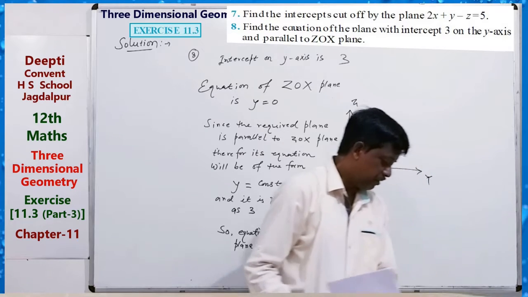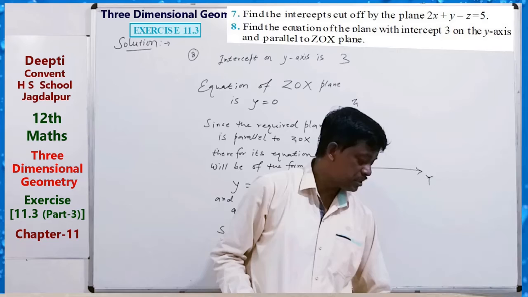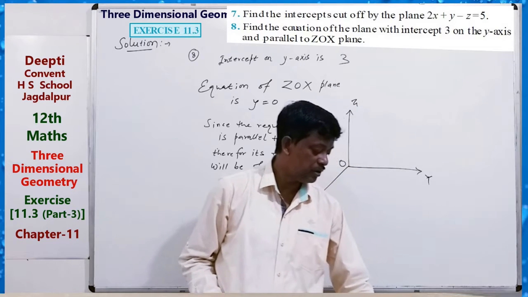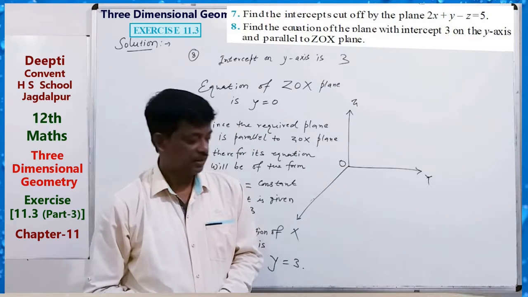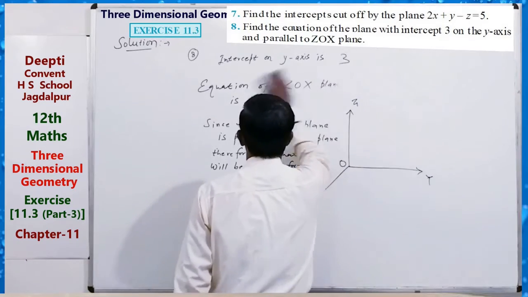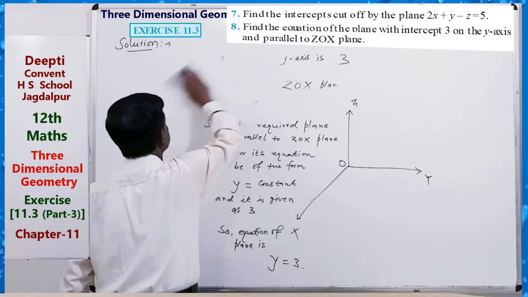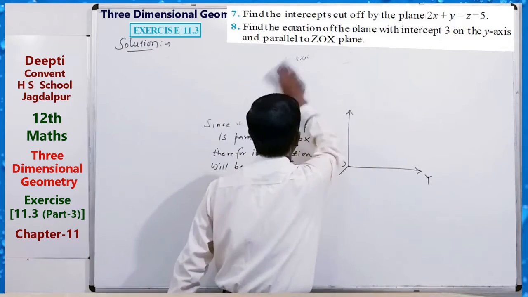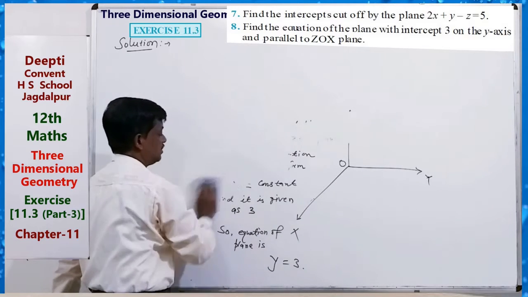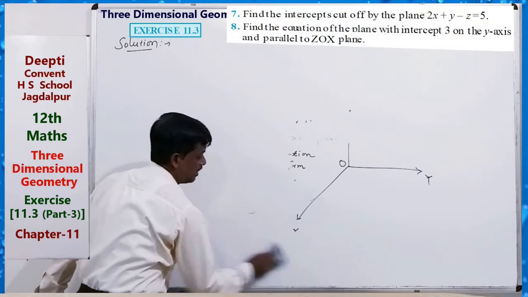Now question 9. Find the equation of the plane through the intersection of the given planes and passing through the point 2, 2, 1. Now we have to find the equation of the plane which passes through the intersection of two planes. We know if two planes intersect, then the intersection is a line.